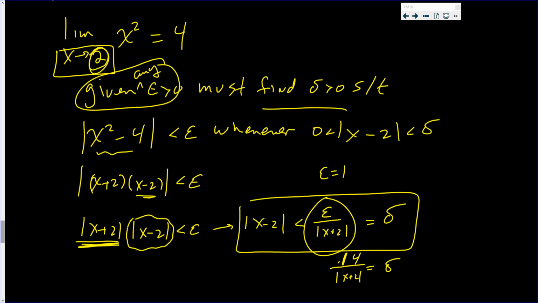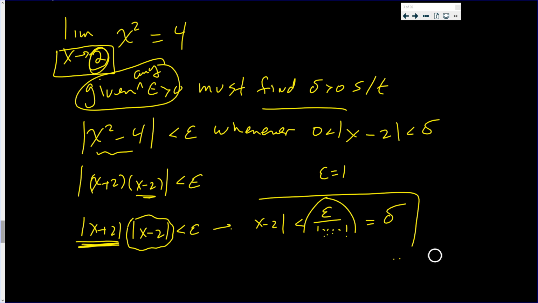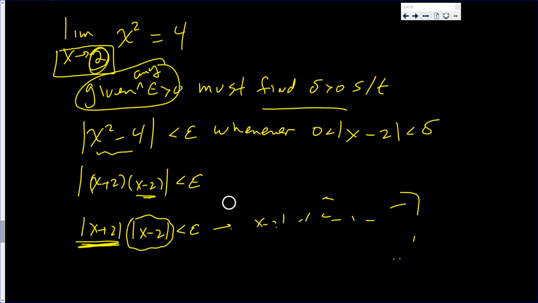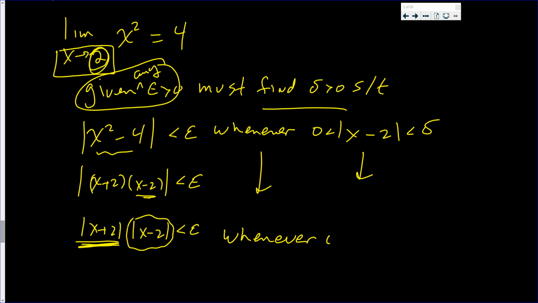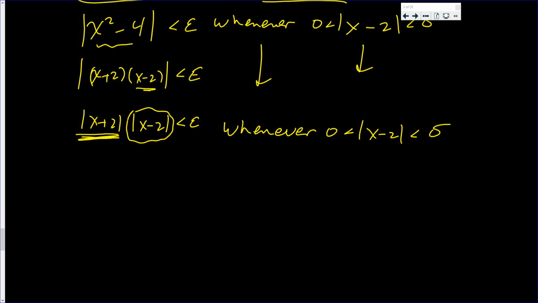Okay. So, what we're going to have to do is bound delta. We're going to have to bound delta. So we know this statement is whenever 0 is less than the absolute value of x minus 2 is less than delta. So again, we want to find a bound on this.